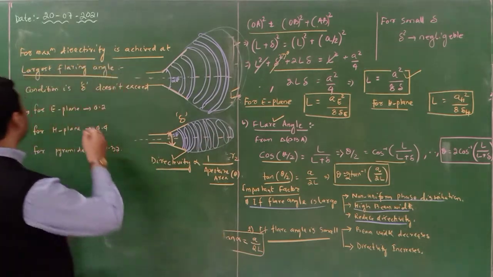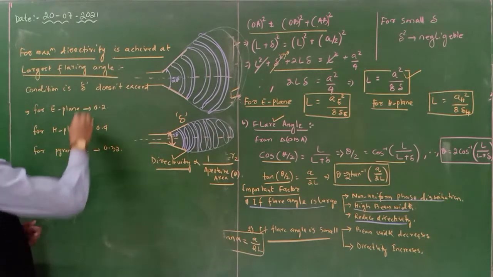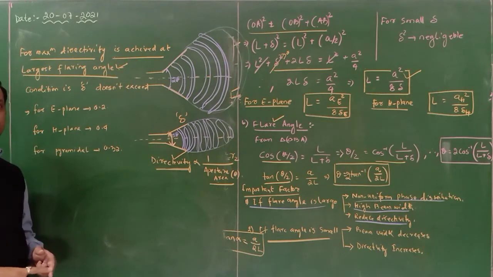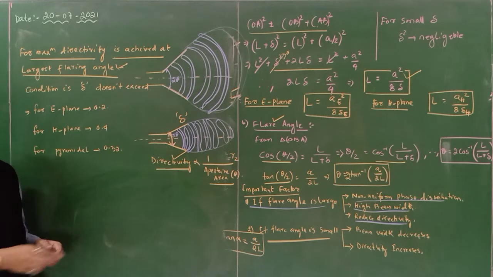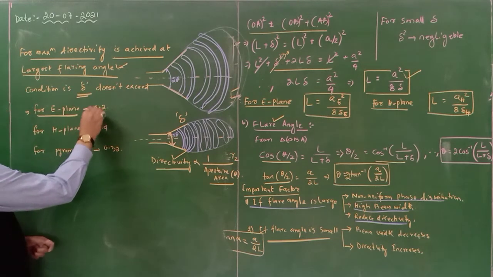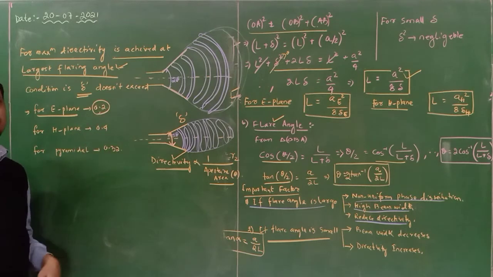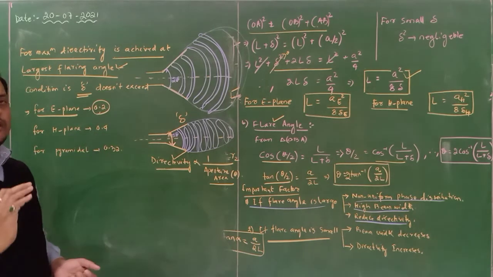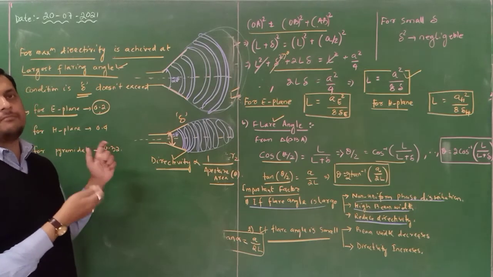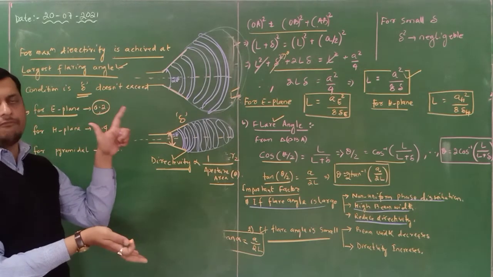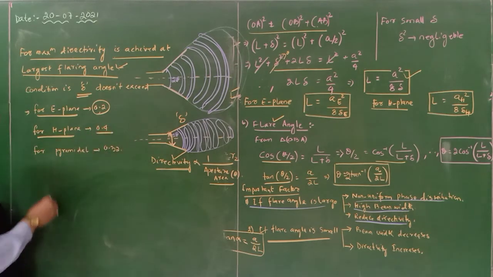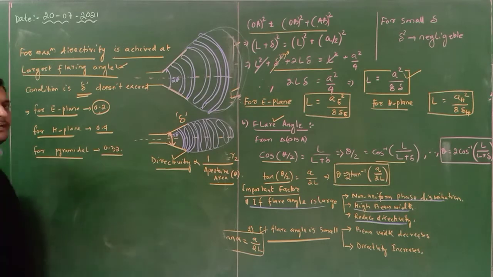Okay, so the maximum directivity is achieved with the largest flaring angle, and it should be done by not exceeding the delta value. If it is E plane, the delta value must be 0.2, not more than that. If it exceeds 0.2, that means we cannot achieve the maximum directivity for the maximum flaring angle. Similarly, for H plane it is 0.4, and for pyramidal horn antenna it is 0.3.